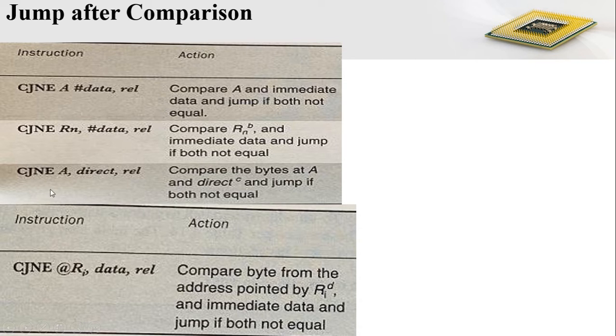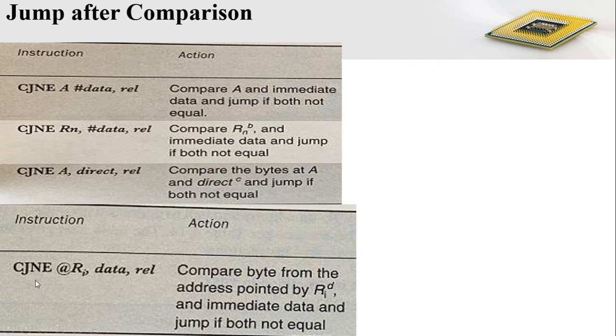Okay, so another syntax here: instead of the immediate data, it gives the direct address of an operand value. So compare the memory content with the accumulator content. If they are not equal, then perform a relative jump to the given relative address location.